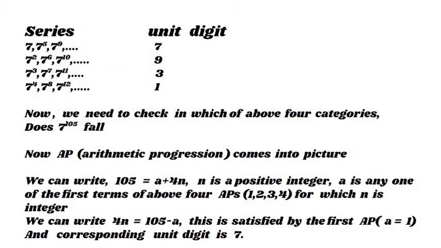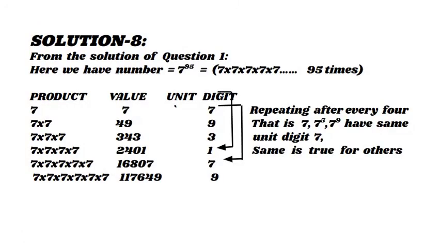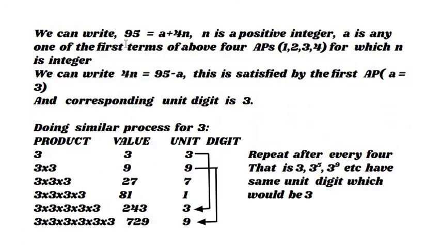So here we can write 95 as a plus 4n, and possible values of a can be 1, 2, 3, 4. That is the first term, since the nth term of an AP can be written like this, and we need to find which one of the four APs 95 belongs to.